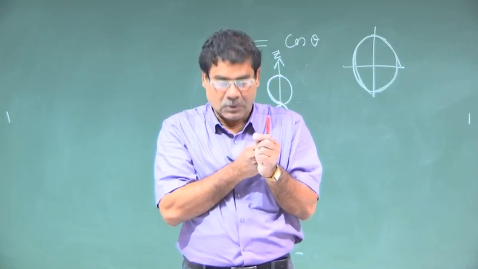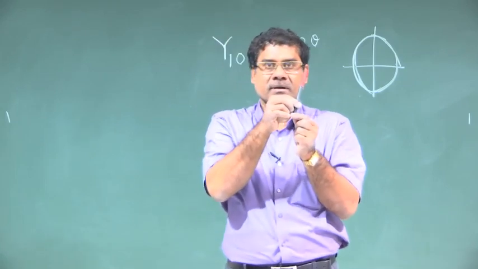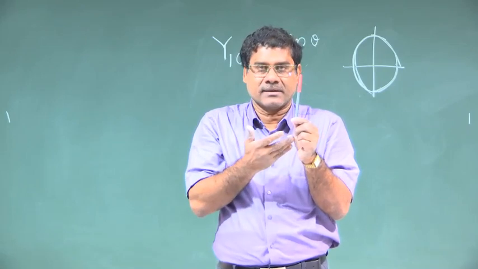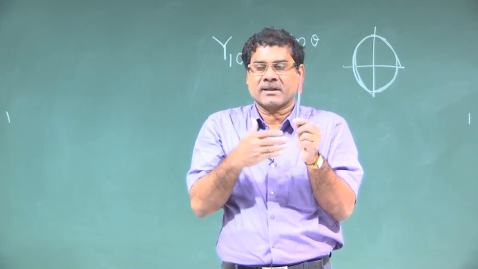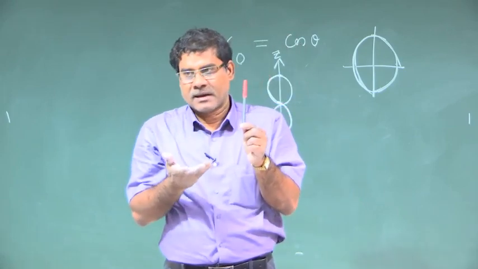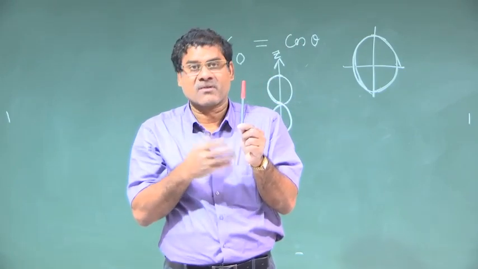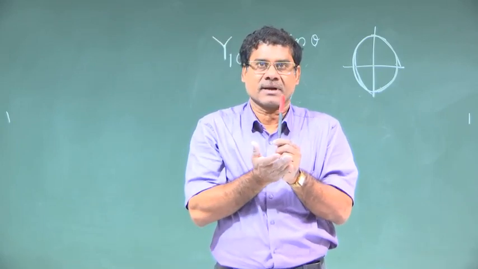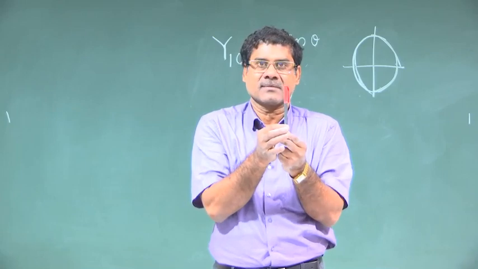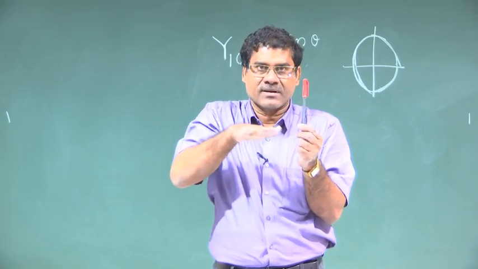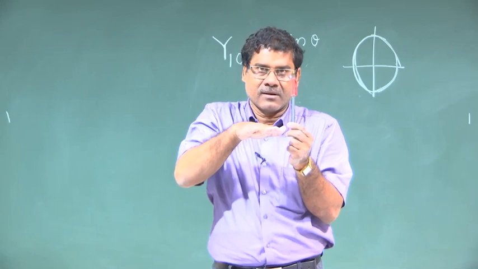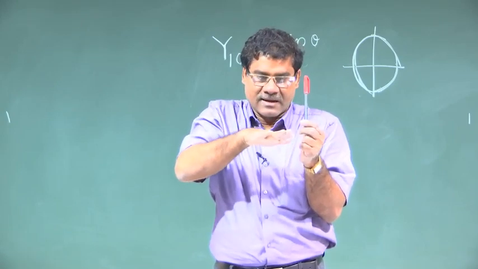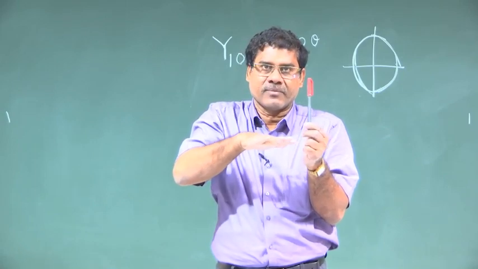Now you remember the space quantization in the Bohr model, and after that the Rutherford model. Not Rutherford, the Sommerfeld, he introduced the space quantization. What is space quantization? The electron rotates in an orbit, and that orbit is on a plane.